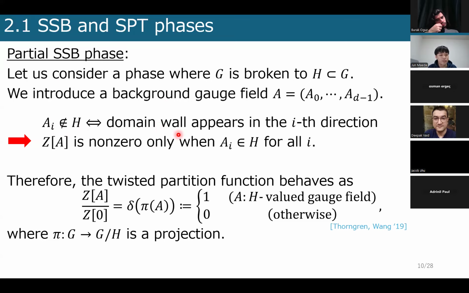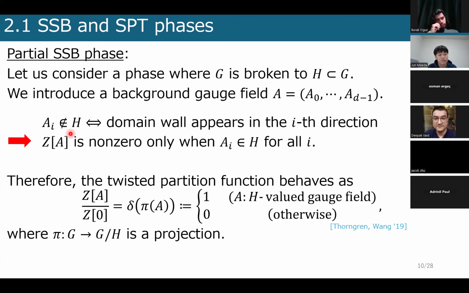So the domain wall is extended along the world volume perpendicular to the i-th direction if A_i is not an element of H. This is because H is the unbroken symmetry. So when A_i is not an element of H, the twisted boundary condition flips one vacuum to another vacuum.